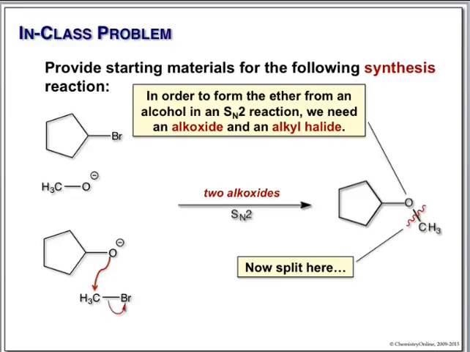And again, this is the bond that we made. So the 2 alkoxide alkyl halide pairs would look like this. Any questions?